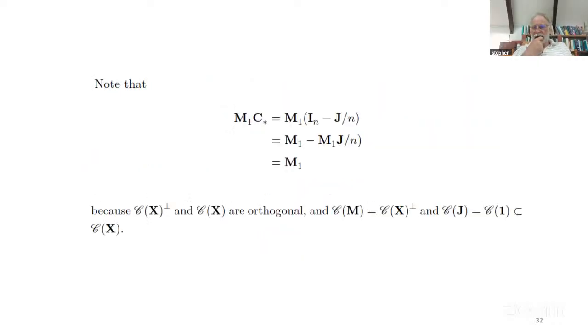The first thing is that M1 times C star is equal to M1 times the centering matrix here, which is equal to M1 times this here. But the second term is 0 because the column space of M is the same as the column space of M perpendicular to X, and J belongs to the column space of X. So this product is 0, and M1 times C star equals M1.